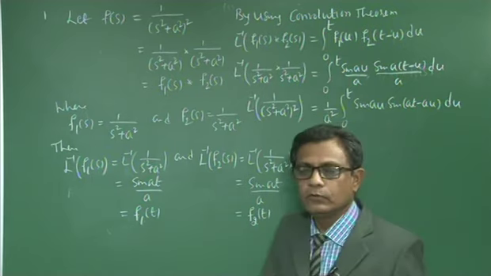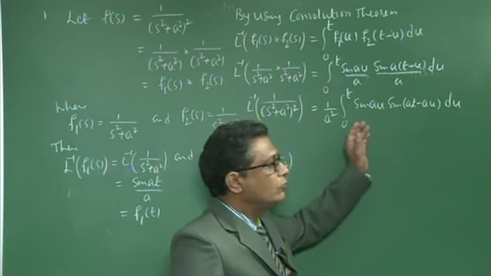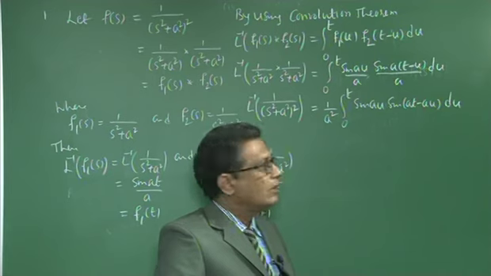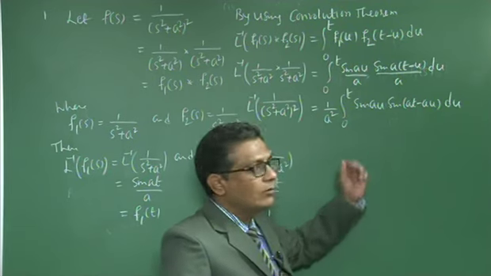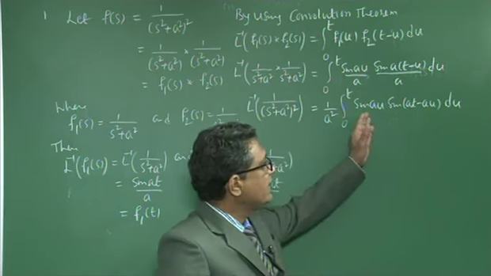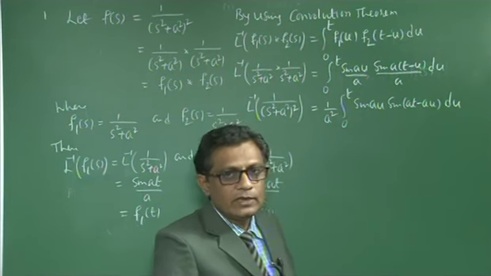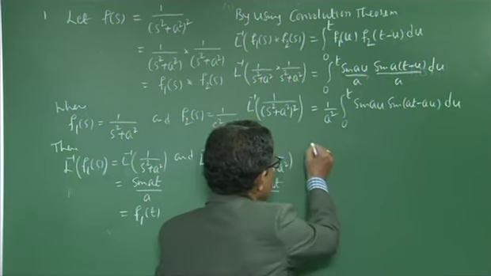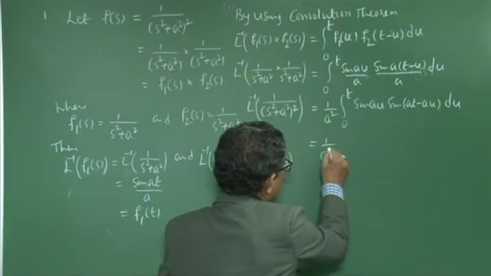Now you have to integrate with respect to u. How to do this one? It is a trigonometric function, so you have to use the sin A sin B formula. What is the sin A sin B formula?